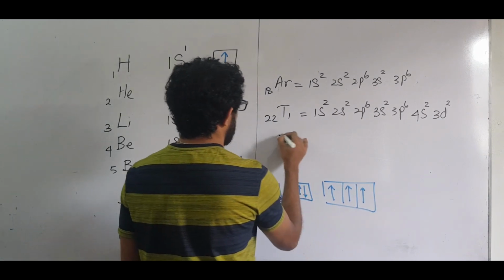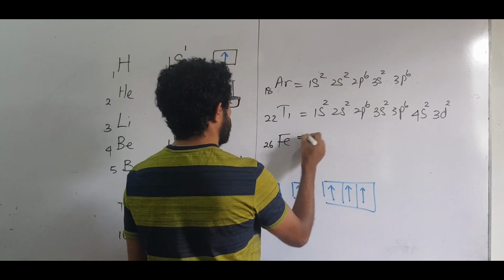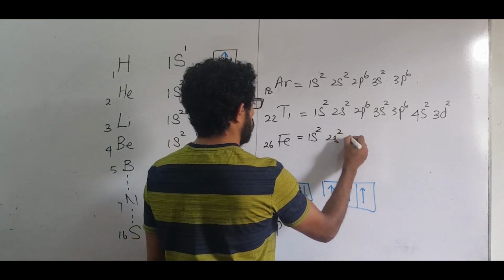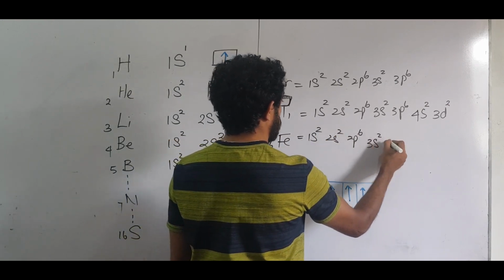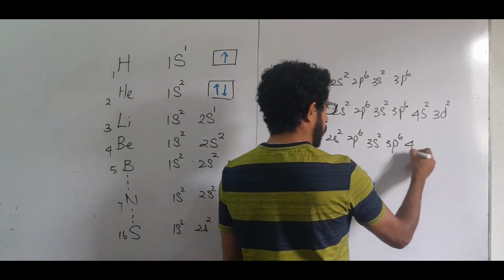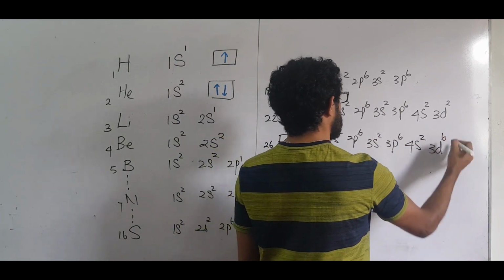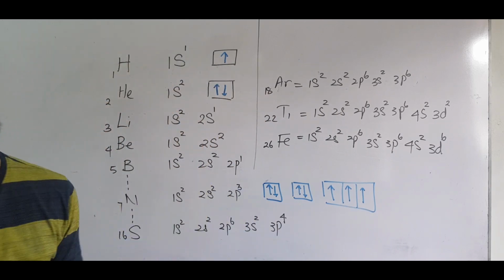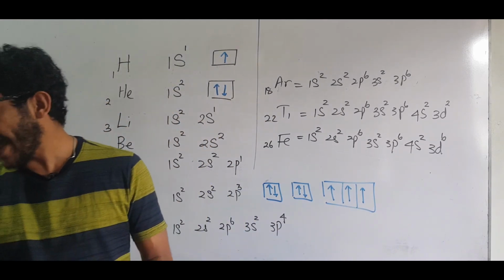Likewise, we can write, let's say, Fe 26: 1s2, 2s2, 2p6, 3s2, 3p6, 4s2 and 3d6. Like that we can write the electronic configuration of any atom.